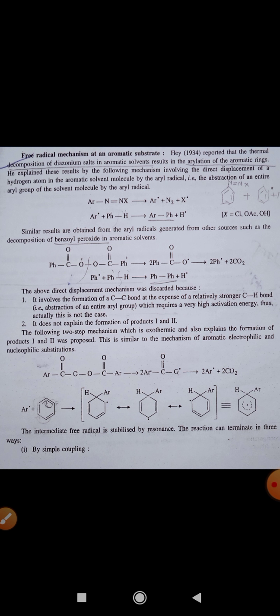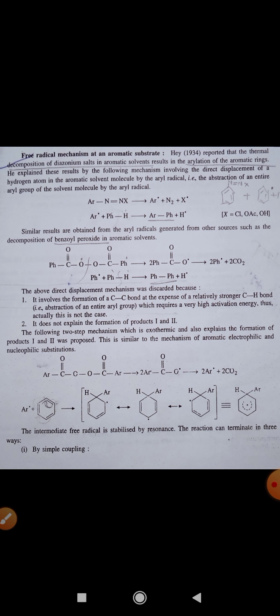Now the aromatic free radical with benzene gives rise to the formation of biphenyl. If we consider the example of benzoyl peroxide, in which there are two PhC double bond O groups, the bond between both of the oxygens breaks down and two free radicals are formed.